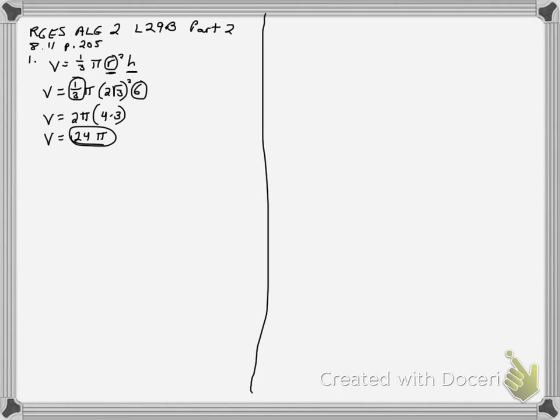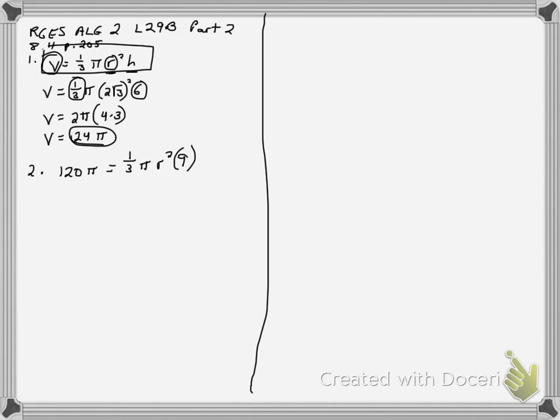If we say the volume of a right circular cone is 120 pi. Okay, so now we'll take that equation that we had above, but now we know the volume. So 120 pi equals, we also know the height. So we're going to put 1/3 pi r squared, and the height is 9.